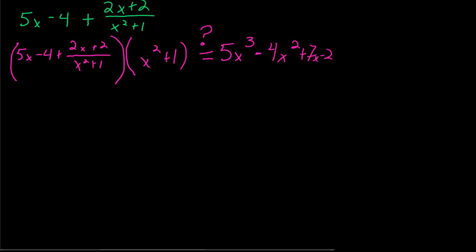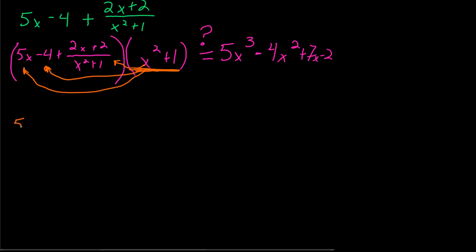Well, when I multiply, I've got to multiply this towards the first term, this towards the second term, and this towards the last term. And this, I'm going to take the whole thing. I'm going to distribute the whole at once. So I'm going to bring this whole thing over next to 5x.